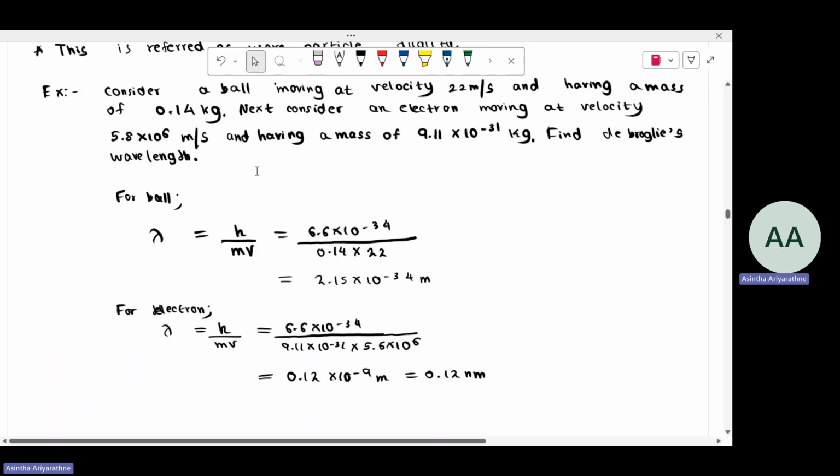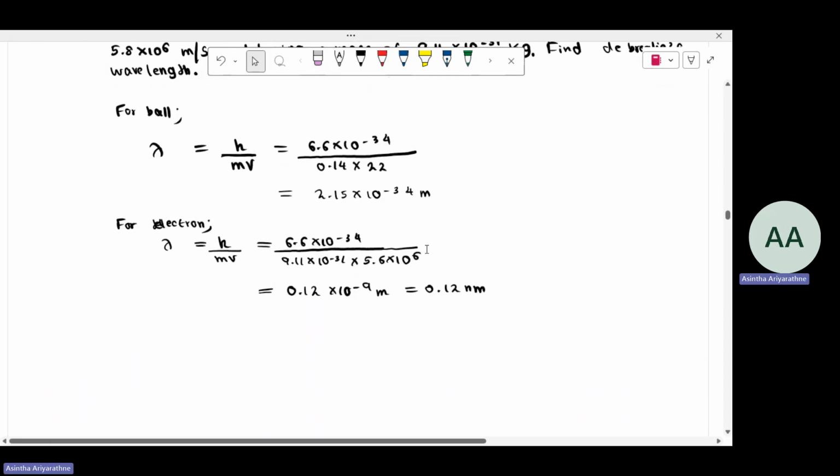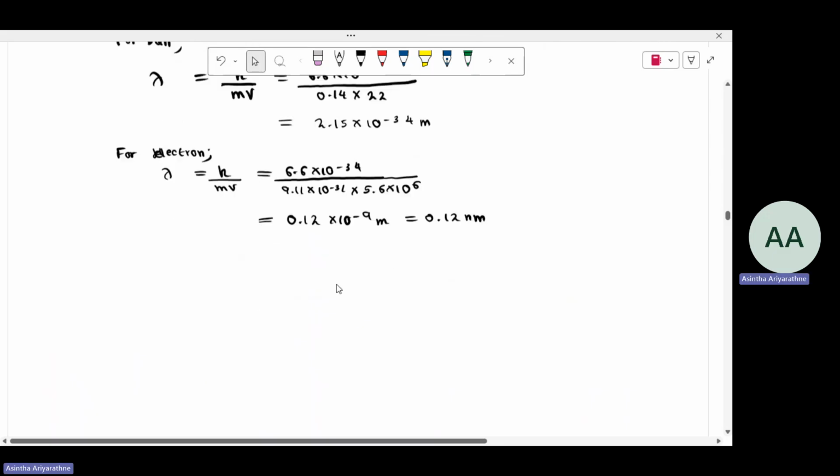So the de Broglie wavelength corresponding to the ball is 2.15 times 10 to the minus 34, which is very small. For the electron, the wavelength is considerably higher compared to the ball, which means the electron shows more nature of a wave than a ball.